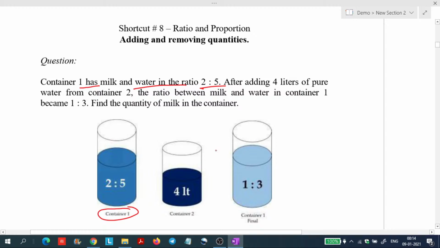After adding 4 liters of pure water from container 2, the ratio between the milk and water in container 1 became 1 is to 3. So find the quantity of milk in the container.